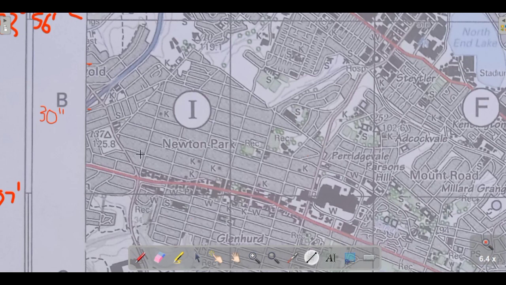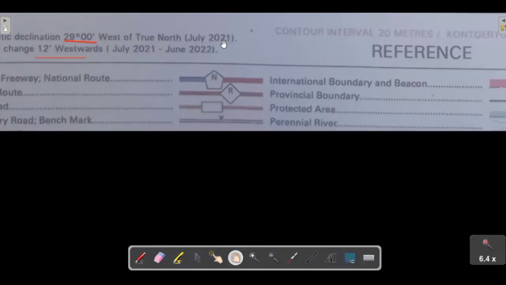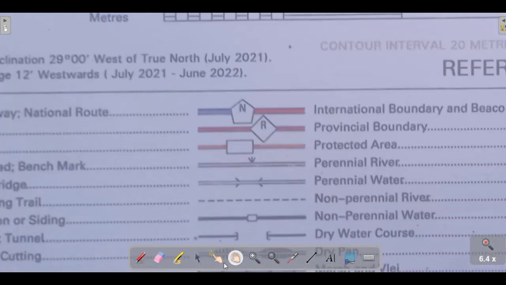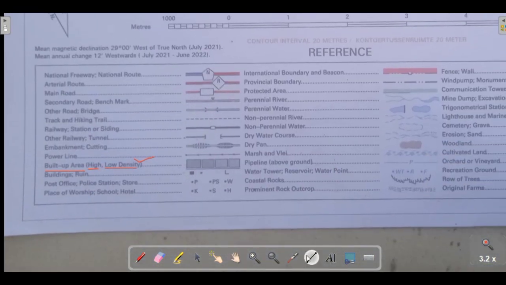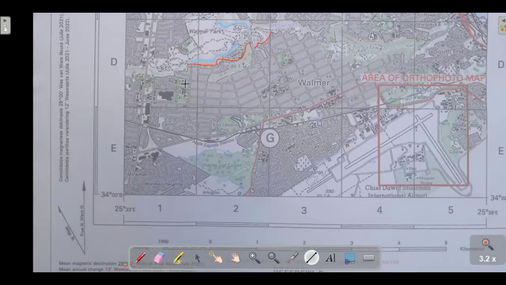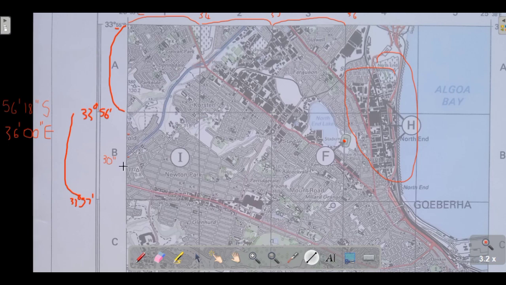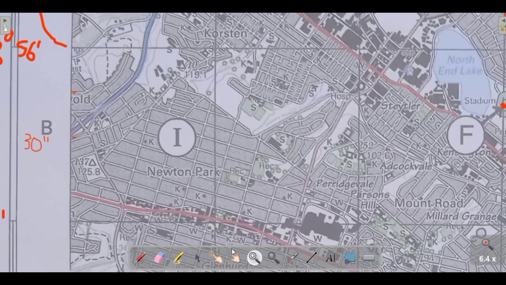We have this road. Okay, what road is that? Let's take a look at our key. It's actually white in color, so it should be other road with a thicker color. No, not other road or railway. Other road. We actually do see a national freeway there, because I did see a blue line there. There we go. What else do we see?